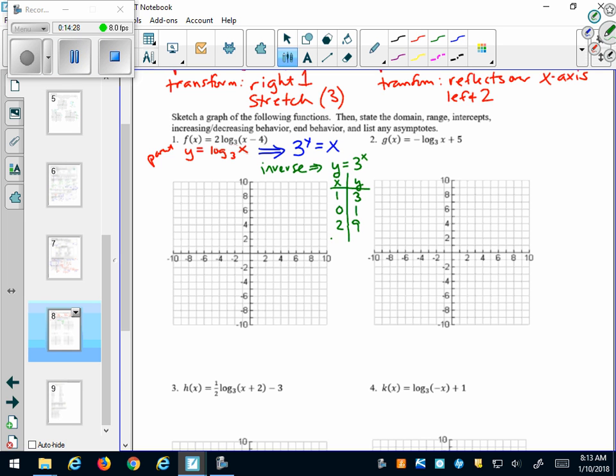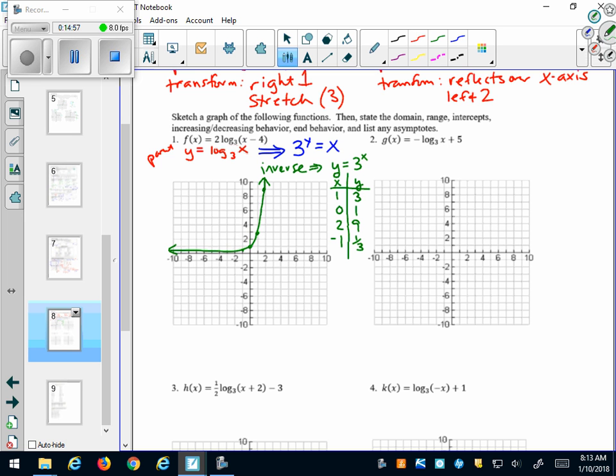When x is negative 1, we've got 1/3. So we should get a general feel for what this looks like: (0, 1), (1, 3), (2, 9), (-1, 1/3).